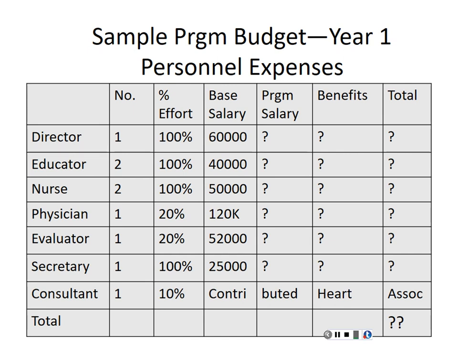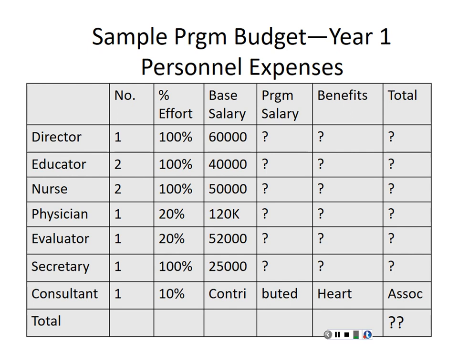In this example, based on our work plans, we identified that we need a program director, we need 2 health educators, 2 nurses, 1 physician, 1 program evaluator, 1 secretary, and a consultant.